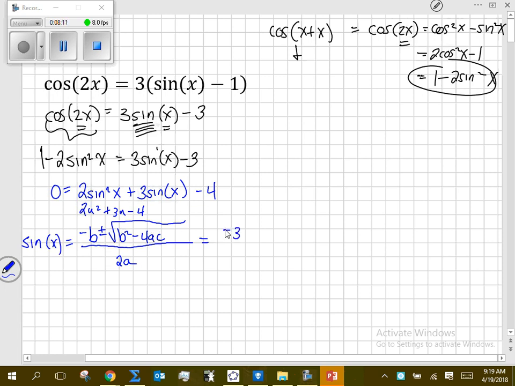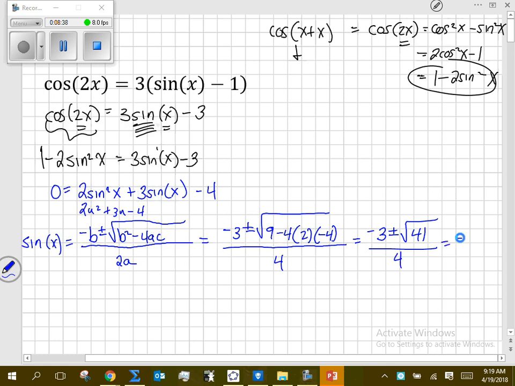So you get negative 3 plus or minus the square root of 3 squared minus 4ac, all over 2a. And I get that. And that's what sine of x is equal to.